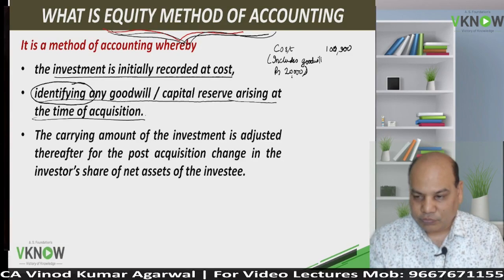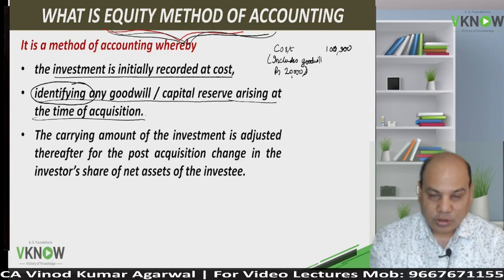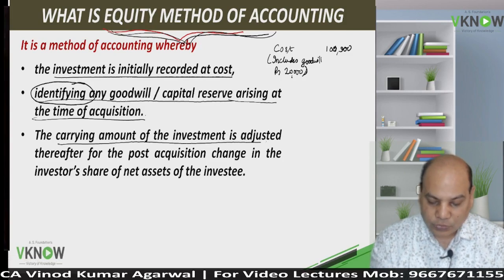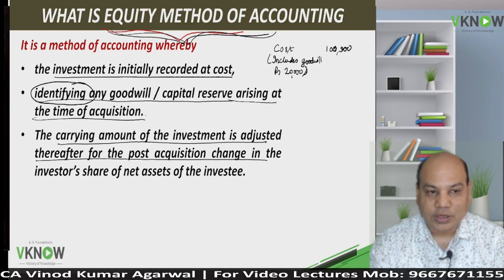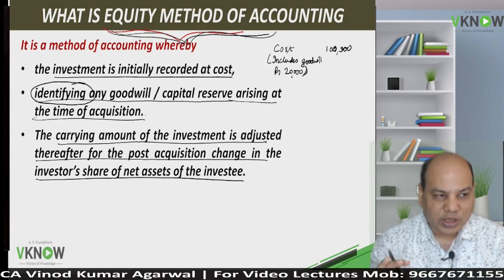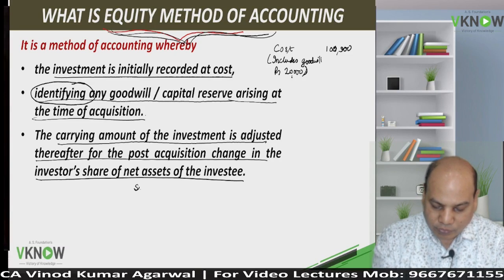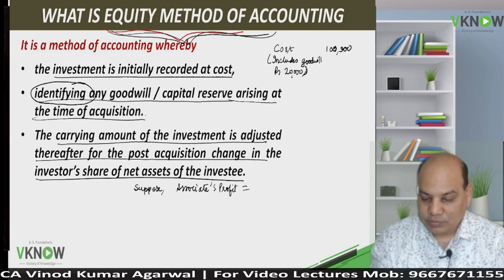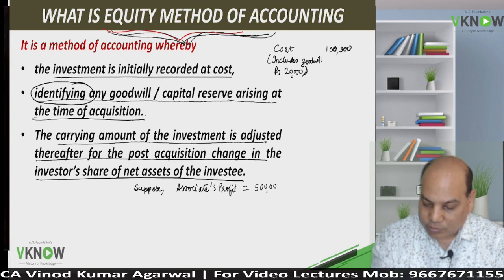Now after that, what you will do, every year end, every reporting date, you will calculate the profit of the associate multiplied by your share, and investment will be increased to that extent. Meaning, suppose associate profit after acquisition is, let us say, 5 lakh rupees.